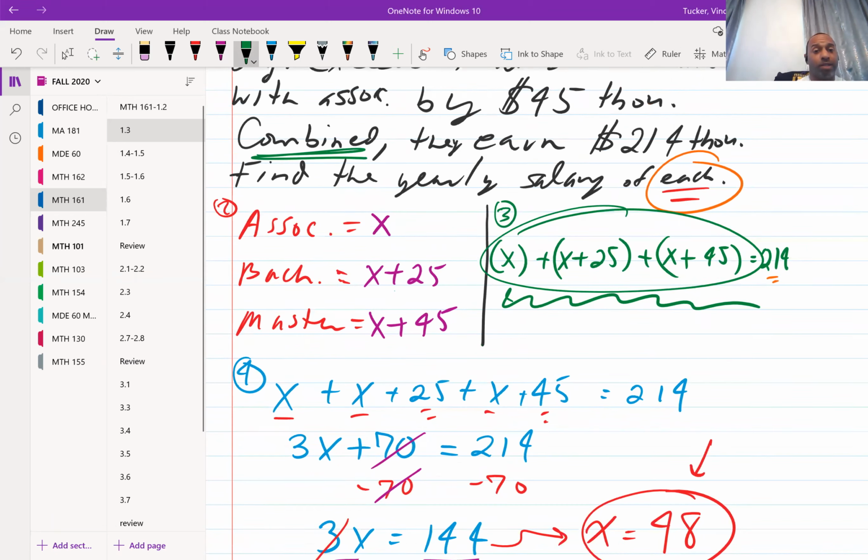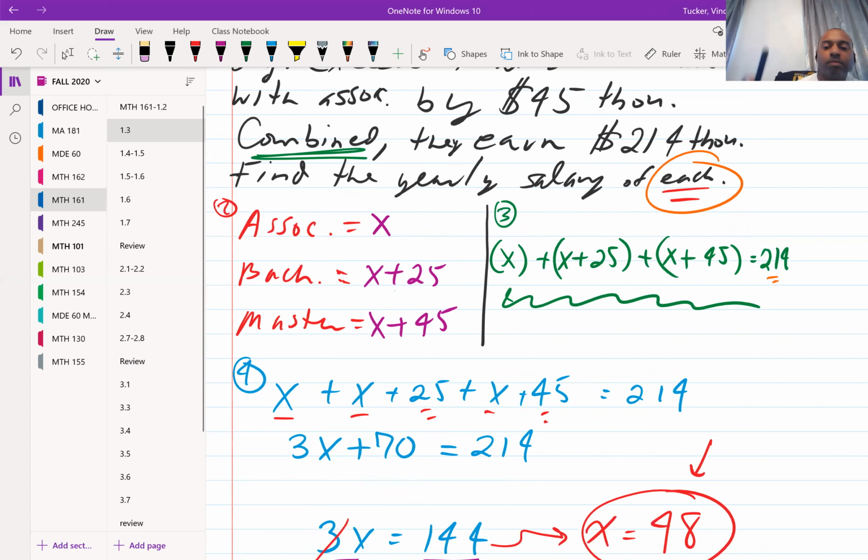I just used them to signify what was added together, what came from what. So you can drop those parentheses and just add them together, combining your like terms. We have 3 X's, and then we add 25 and 45. So that result is right here, 3x plus 70.